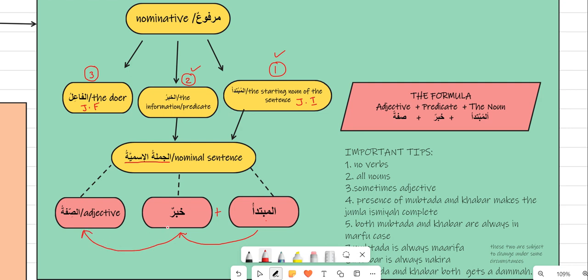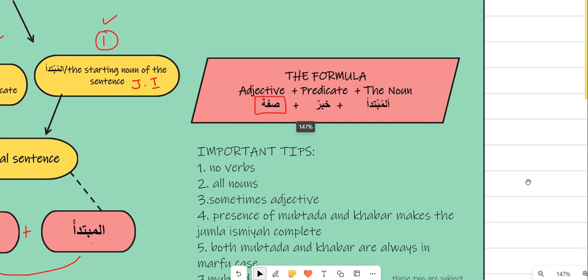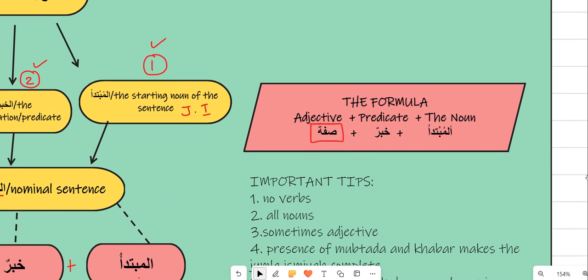That's why I have given sifa here, so that it doesn't create confusion when later you see sentences with sifa. So it's better to understand that after mubtada and khabar, a sifa can also come. I have given this formula of jumla ismiyah, and this is really very helpful for new beginners because it will always help you in understanding and forming the jumla ismiyah.